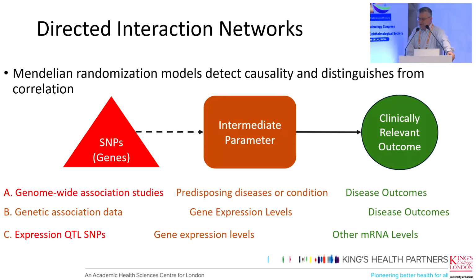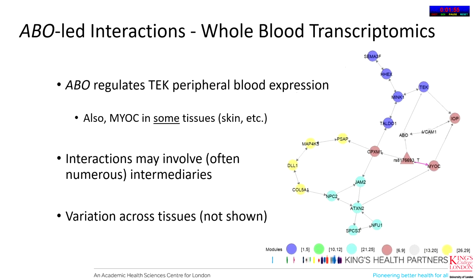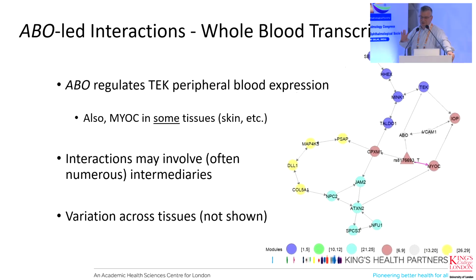Now, those intermediate parameters and outcomes of interest can be anything we want, but in this context, I'm going to talk about both the intermediate parameter and the outcome being levels of transcribed mRNAs. I knew that time would be very short, but using this simplified Mendelian randomization at mass scale and using some pretty stringent false discovery rates, we discovered quite a few relationships that we believe are quite convincing.